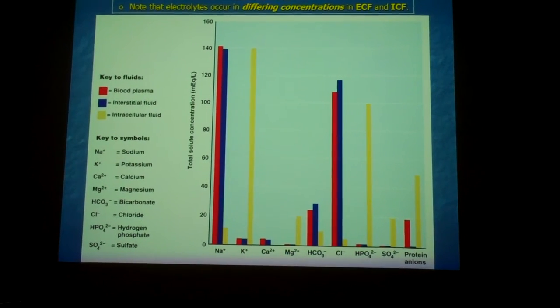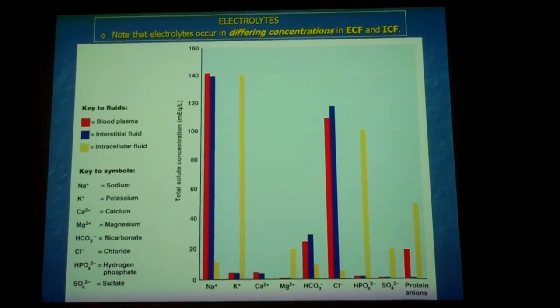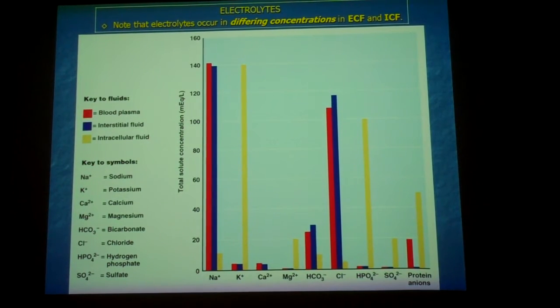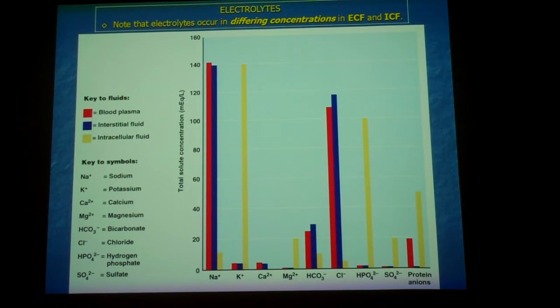Sulfate, mainly intracellular. Now, look at these protein anions. Don't we have proteins inside cells and proteins outside cells? When you look at diagrams of the cell membrane, you will see the negative charges on the inside of the cell and the positive charges on the outside of the cell membrane.